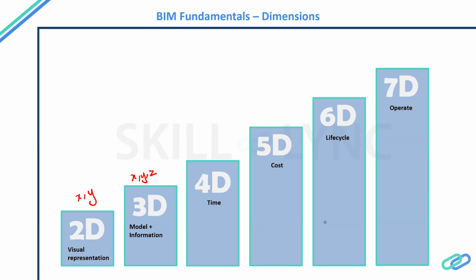For example, if we are going to use BIM only for time and cost, we can define that so that we get the appropriate benefits we expect by utilizing BIM as a process.